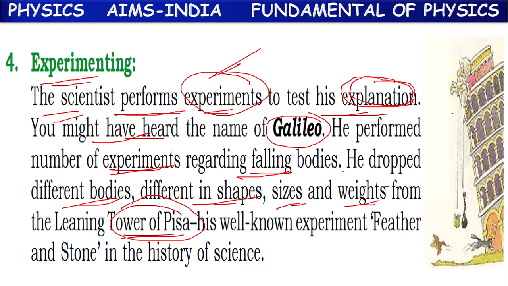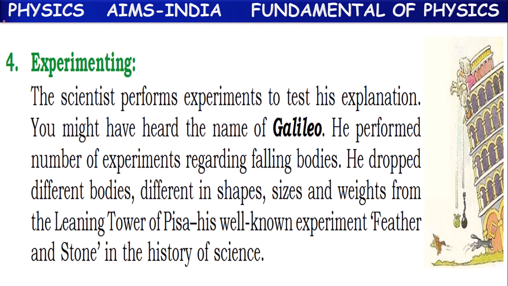From the Leaning Tower of Pisa, he did a well-known experiment, feather and stone. He dropped both the feather and stone at a time, and he observed how they fall onto the ground. Based on that, he proposed a theory. So before giving an explanation, scientists do so many kinds of experiments.